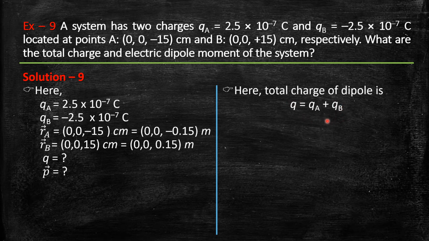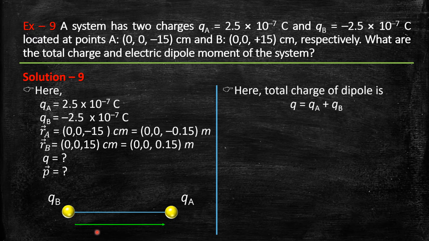Now how do we find out dipole moment? So we know that dipole moment is Q into 2A. So when you have two charges, you should be knowing what is 2A. 2A is direction as well as the magnitude of distance between two charges, so resultant vector you may say.